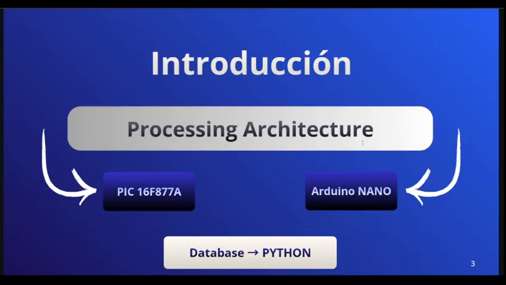Finally, the entire system connects via USB to a Python application which manages the user and balance database. This application makes the logical decisions, such as approving or rejecting a payment.